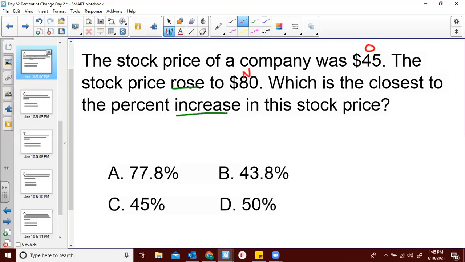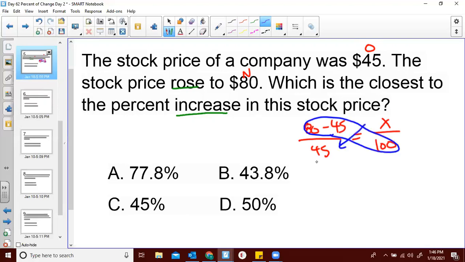So I'm going to have 80 minus 45 over 45, and that's going to equal my percent, which is what I'm looking for, over 100. Then when we cross multiply and divide by X's partner, you'll see that X is just going to equal 77.8%, or A.